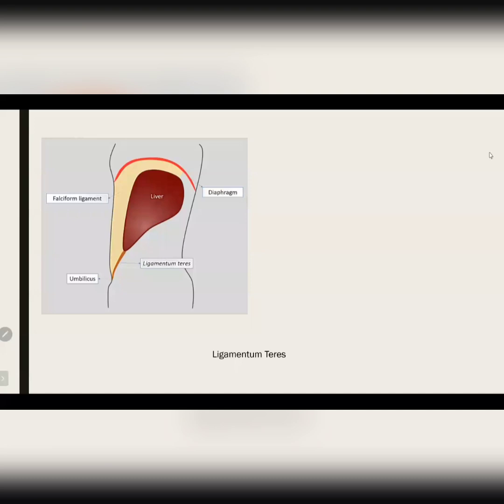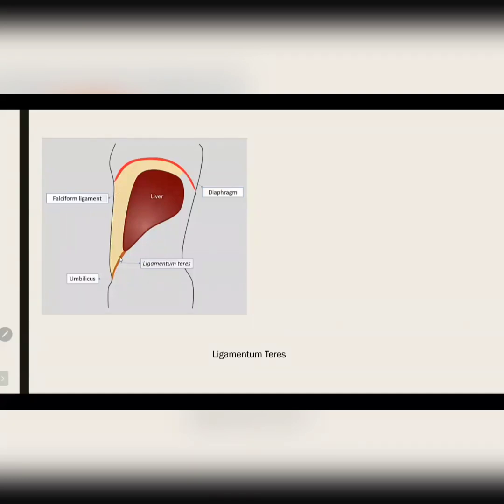If this is the sagittal section to show the abdominopelvic cavity, this is the liver and the anterior abdominal wall. From the supraumbilical portion of the anterior abdominal wall up to the anterior surface of the liver extends this sickle-shaped ligament called the falciform ligament.